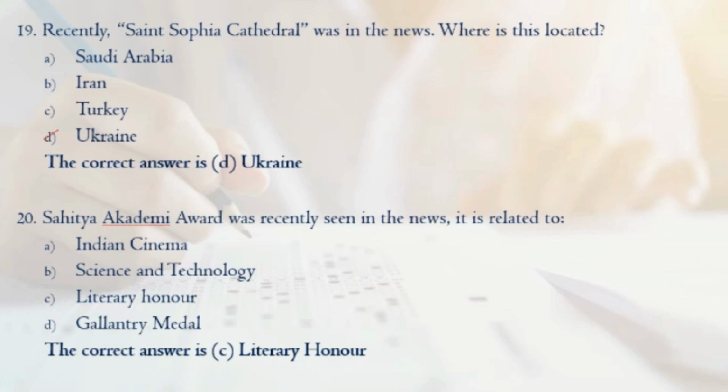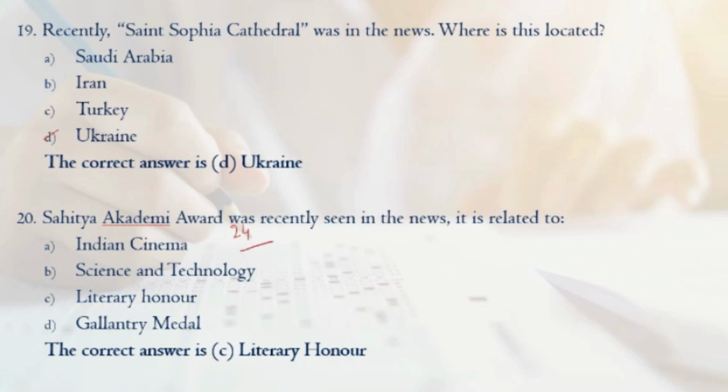And the next question is, Sahitya Akademi Award was recently seen in the news. It is related to A. Indian cinema, B. Science and technology, C. Literary honor and D. Gallantry medal. And the correct answer is C. Literary honor. Recently, the prestigious Sahitya Akademi Awards were presented to the 24 award winners.